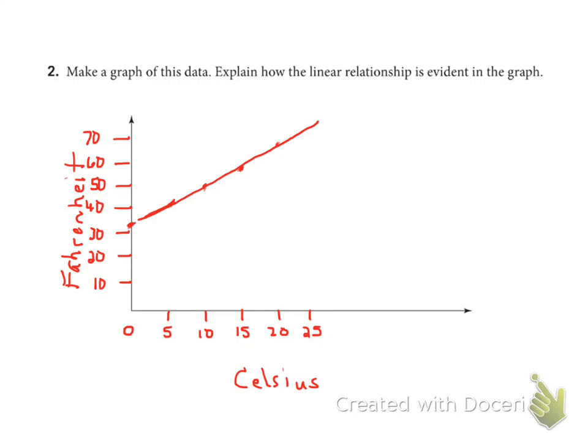So we made our graph. Now it says explain how the linear relationship is evident in the graph. Straight line. Yeah, the points fall in a line.